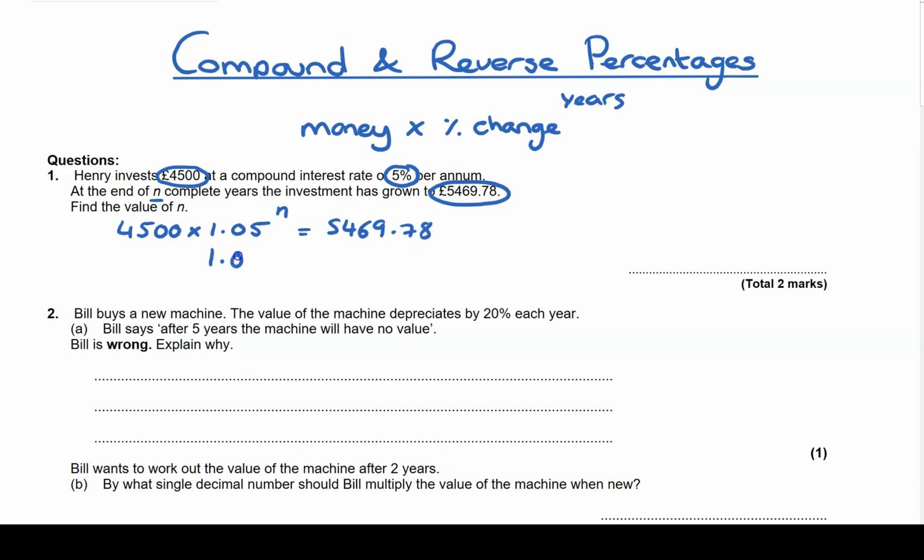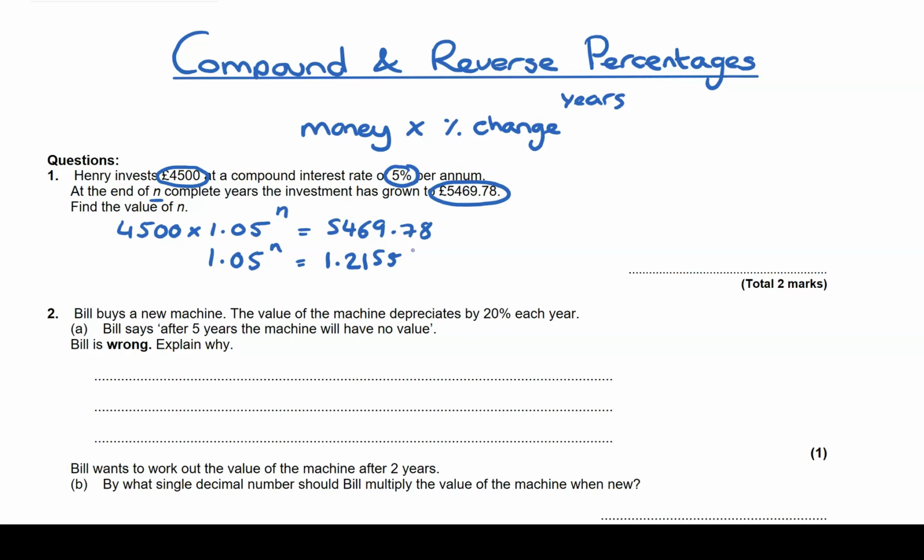So 1.05 to the n is going to be 5469.78 divided by 4,500, which is 1.215 and so on. At this point you don't know logarithms, which is part of A level, so it's just a matter of trial and improvement.